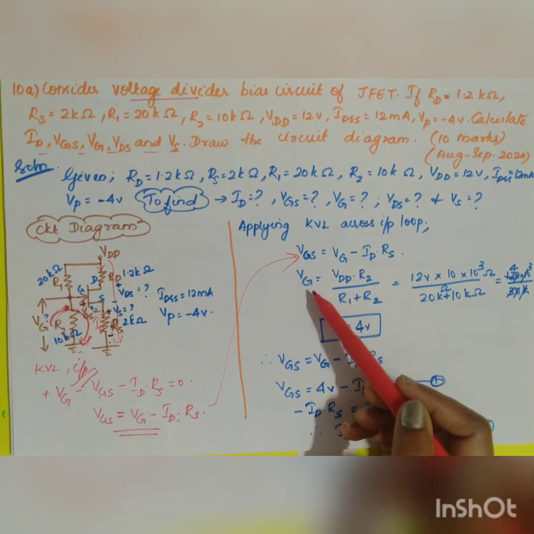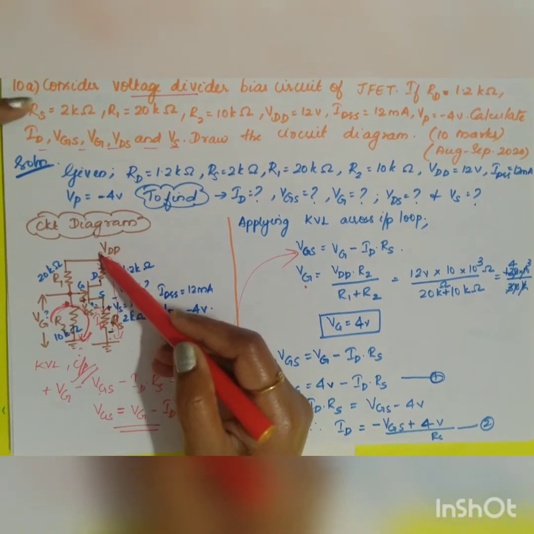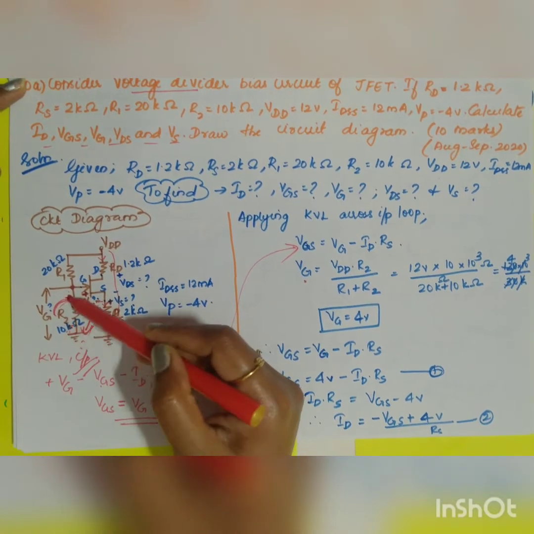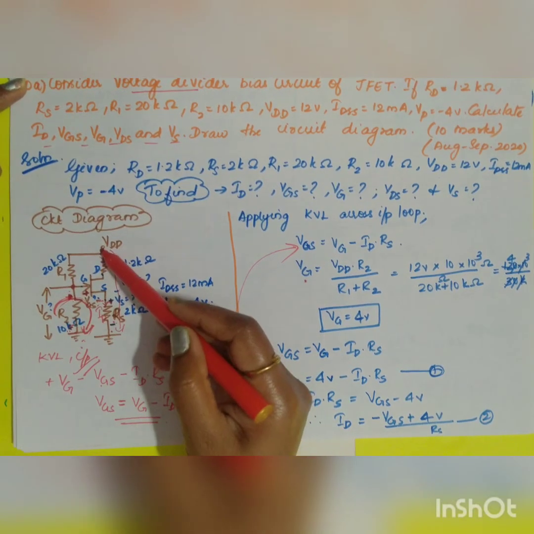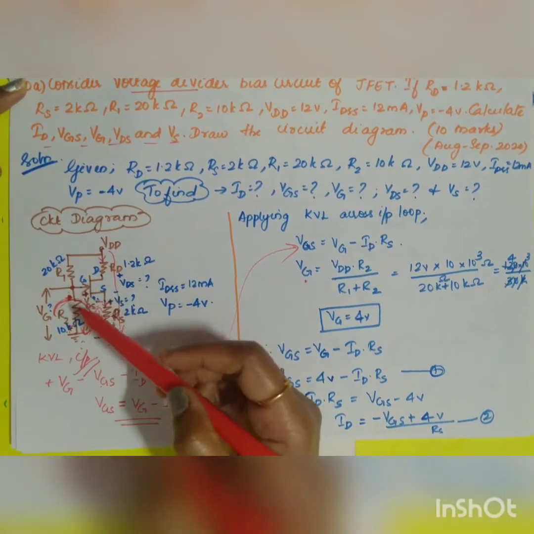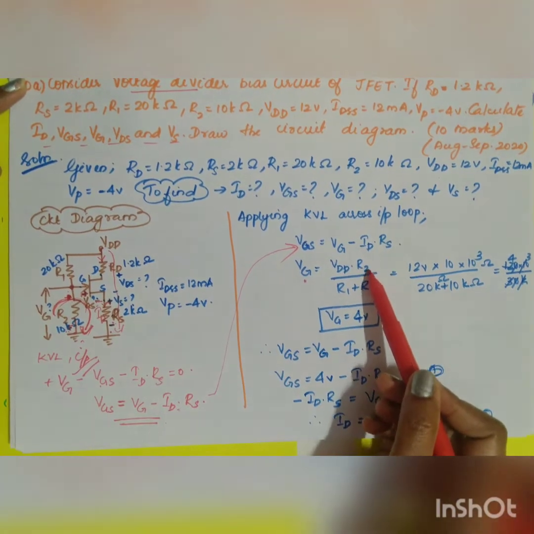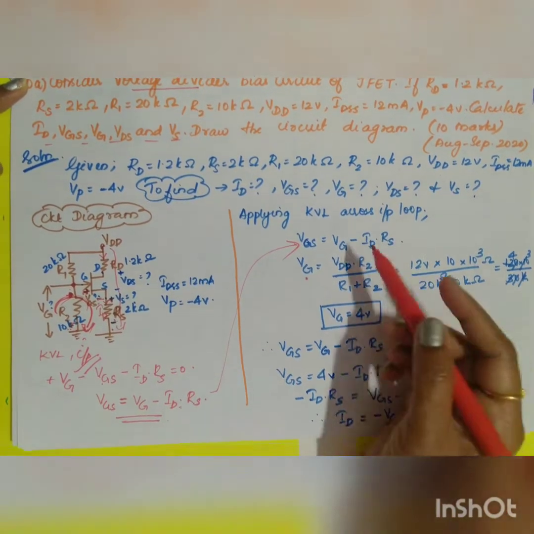Now how will you find out your voltage VG? If we apply the voltage division rule, it is the supply voltage, that is your VDD, into the resistor across which it has to be calculated, R2, divided by the total of the resistors.